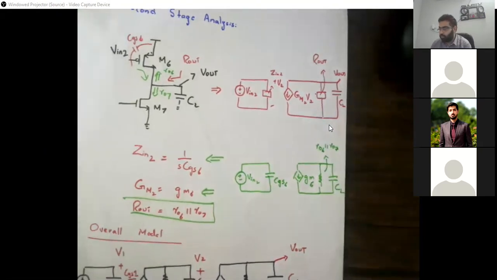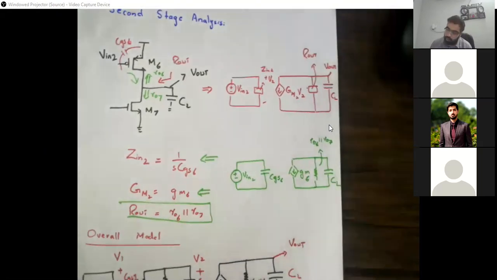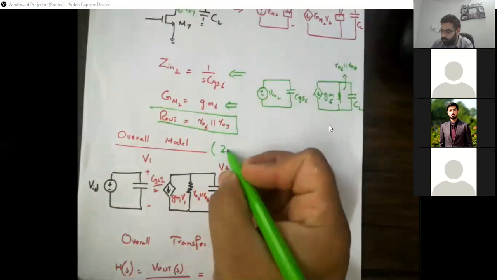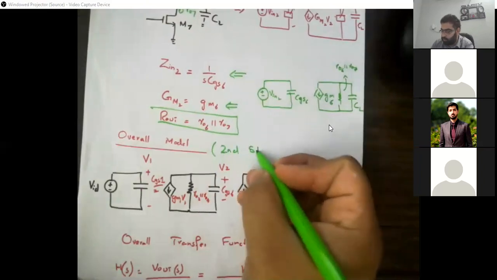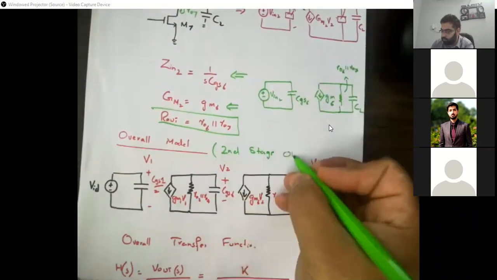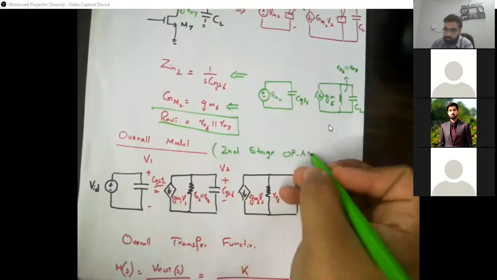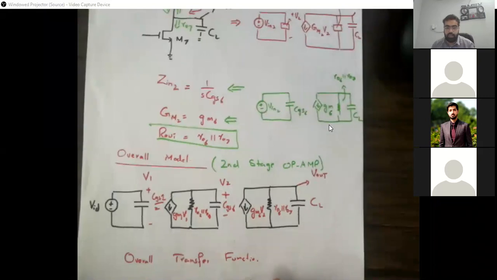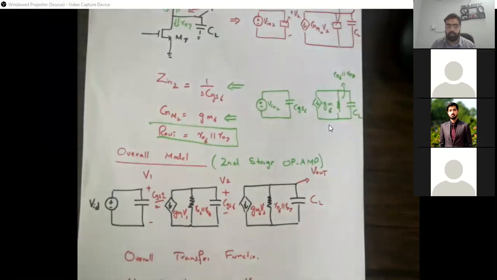Since we have done this, we can draw the overall model of the two-stage amplifier. So the overall two-stage amplifier is here. If there is some concern related to this overall model, we can take it, but it's the same thing.